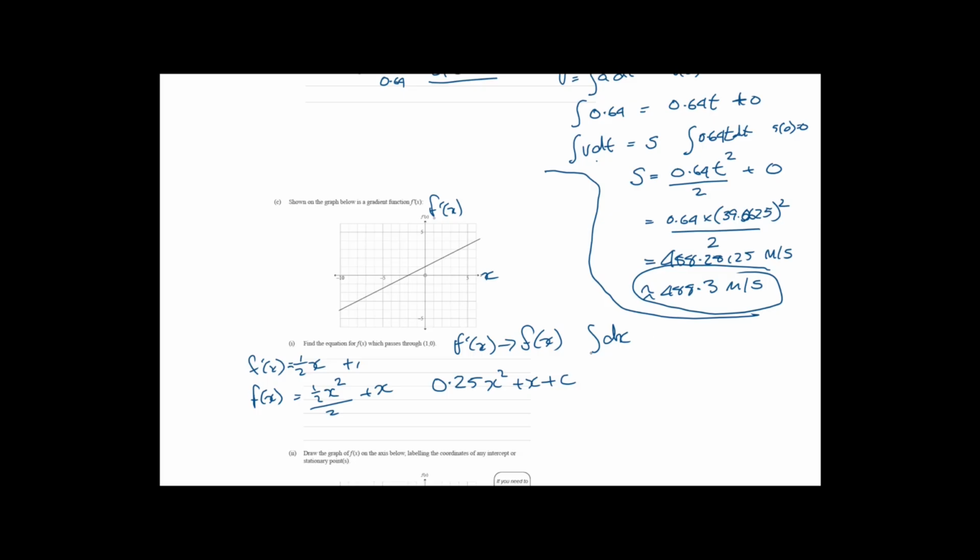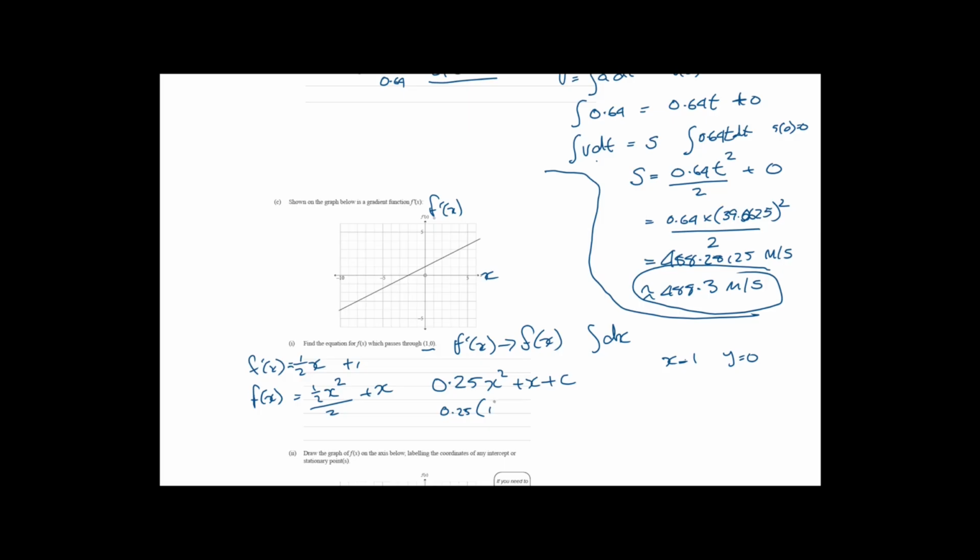We don't know what that c is, but we can work it out because we know that when x equals 1, y equals 0. So I'm going to find that now. Half divided by 2 is a quarter. Yes, that's right.